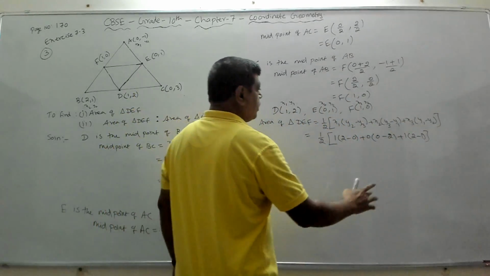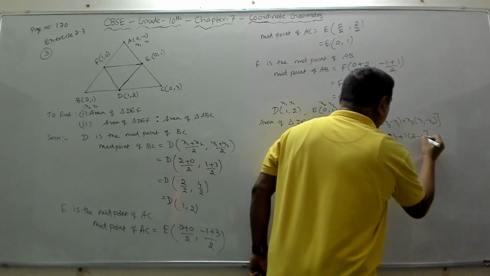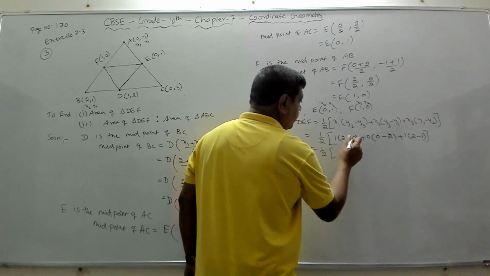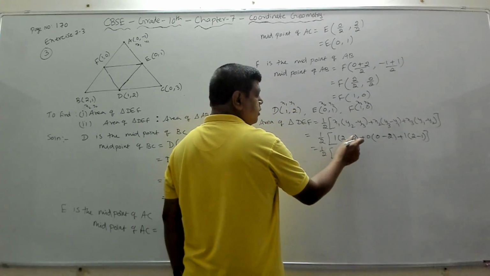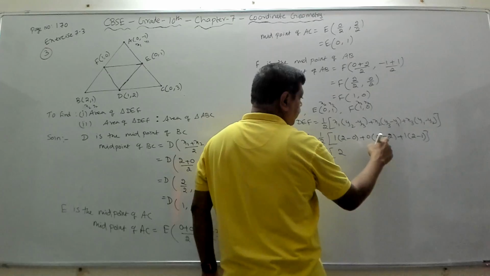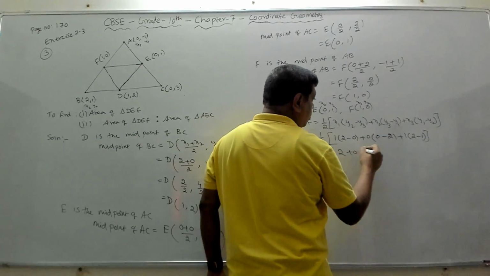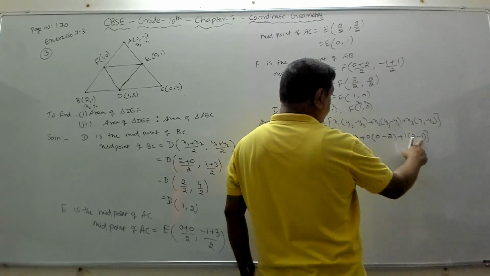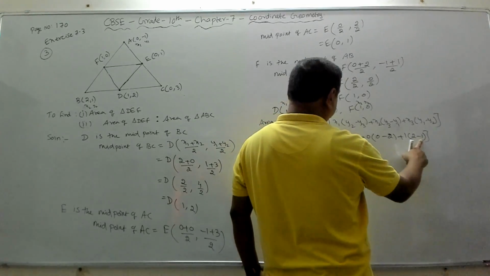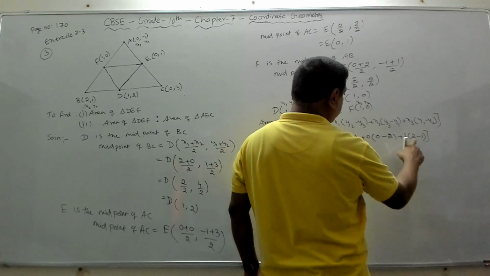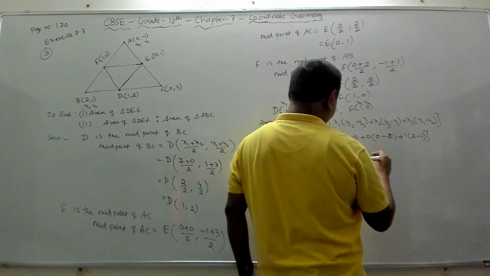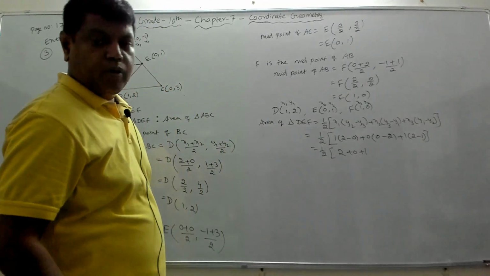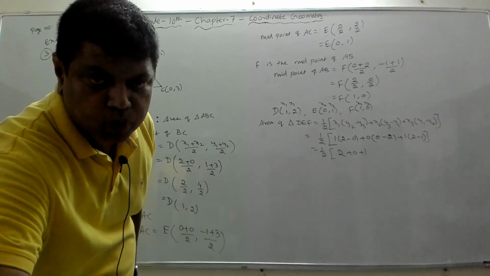Then bracket close. So that gives you 1 by 2 of 2 minus 0 is 2, 2 ones are 2, then minus 2 into 0 is 0, then 2 minus 1 is 1, 1 into 1 is 1.